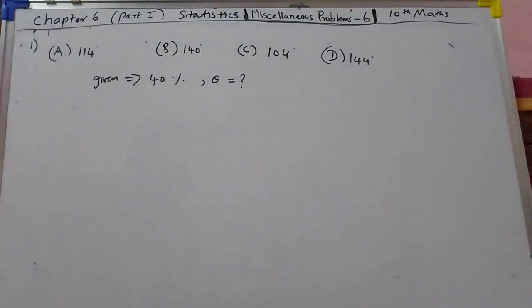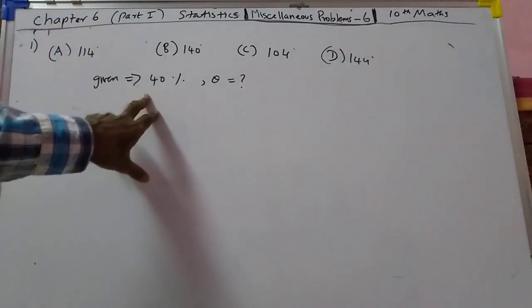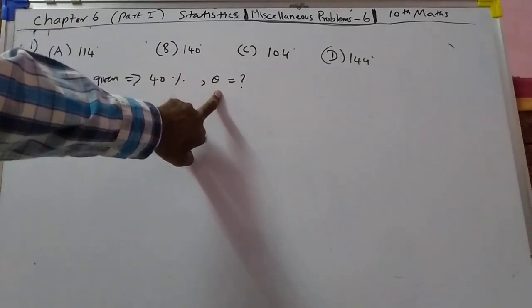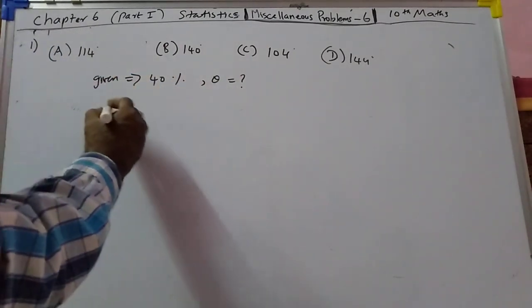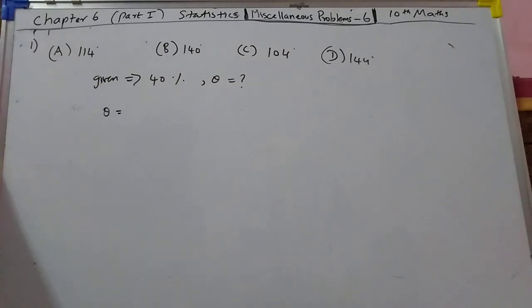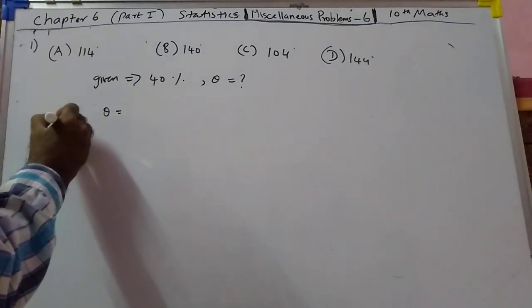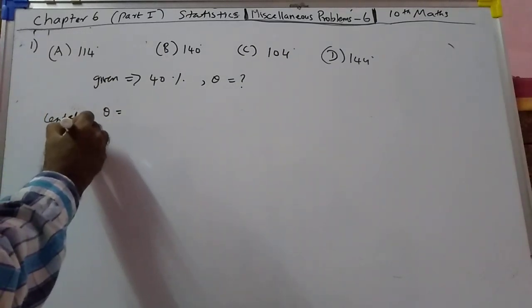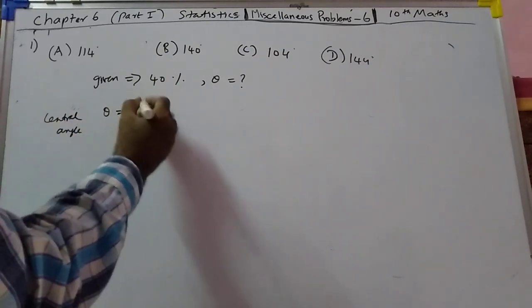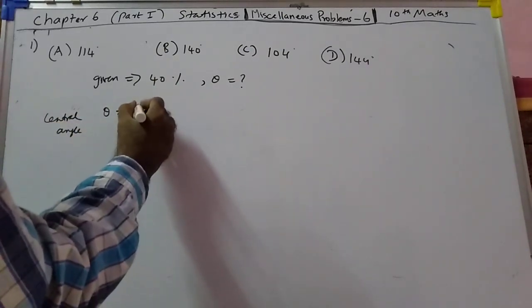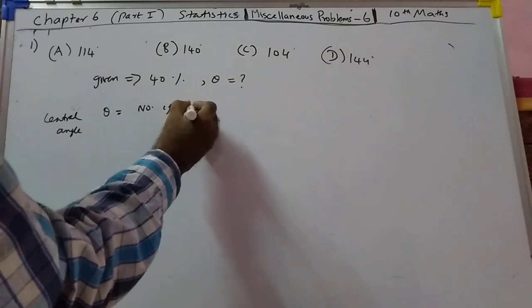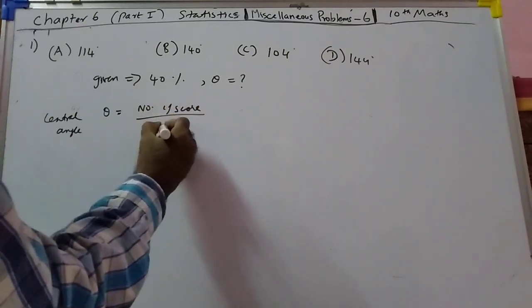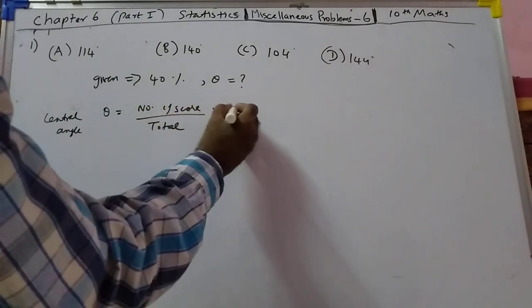Given 40% of blood group. We have defined the angle; the formula you know. Central angle is equal to the score upon total into 360.